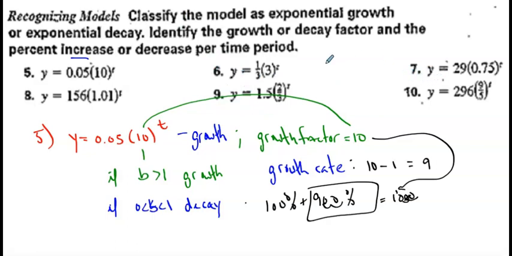You can look at any one of these. Just keep in mind, if you look at number 6, now you have a b value of 1/3, so that's between 0 and 1, so this is exponential decay. Then it's asking for the decay factor.